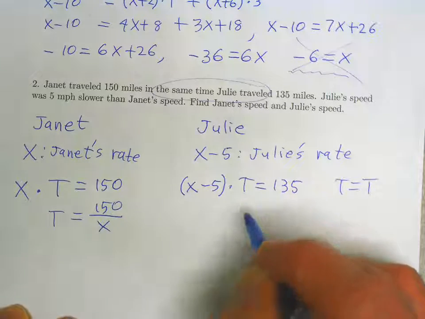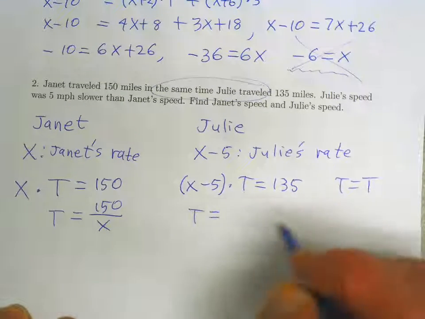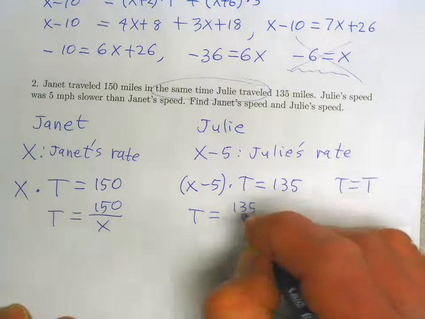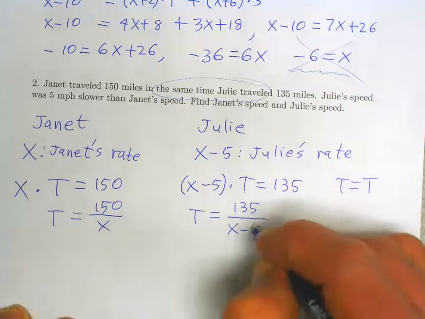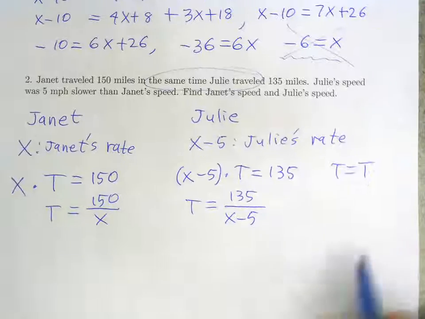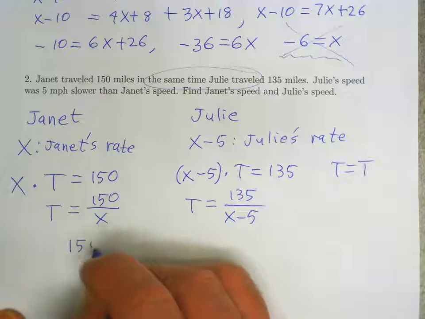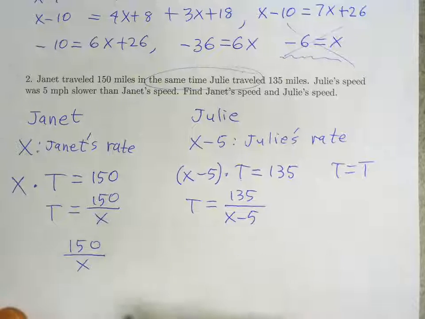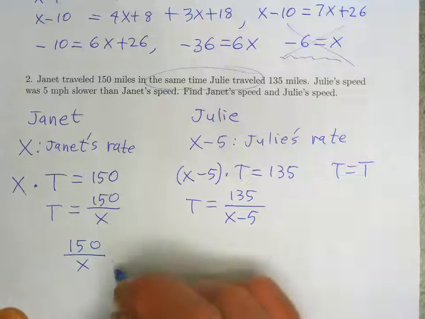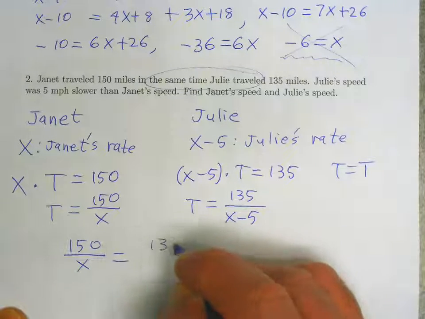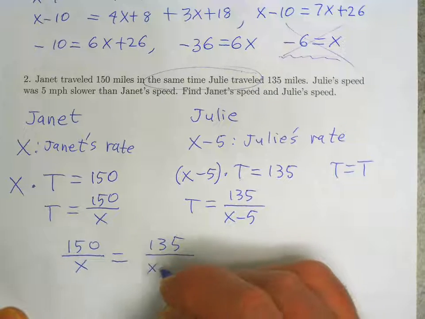For this one, divide both sides by x minus 5. So t is 135 divided by x minus 5. But since the two times are the same, our equation, whose only variable is x, is 150 over x equals 135 over x minus 5.